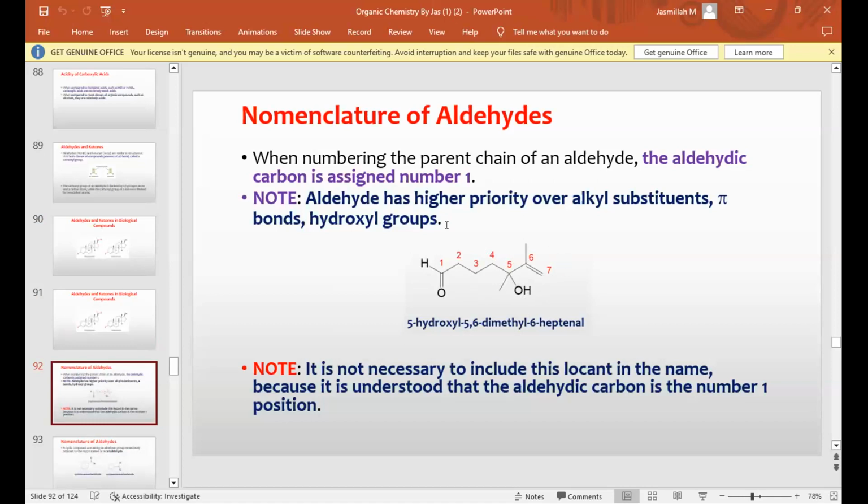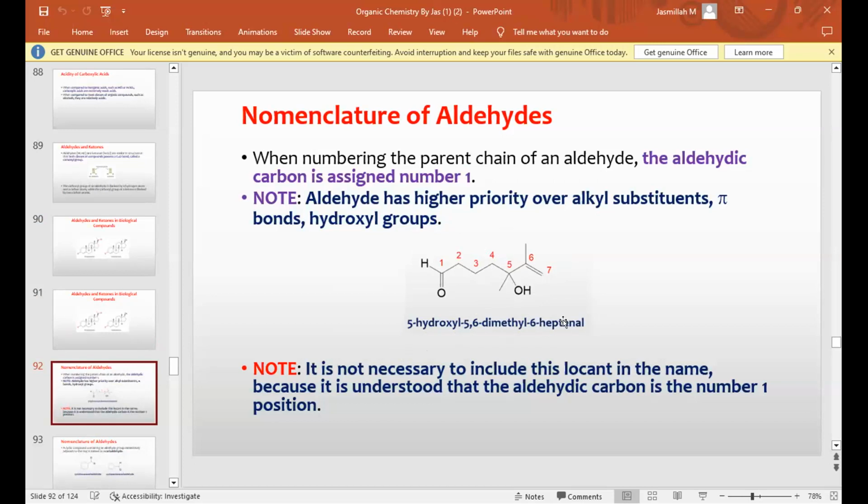We want the longest parent chain. So in carbon number 5, we have OH, so 5-hydroxyl, and 5,6-dimethyl. We see one methyl group is in carbon number 5, then the other is in carbon number 6, so 5,6-dimethyl, 6-heptenal.